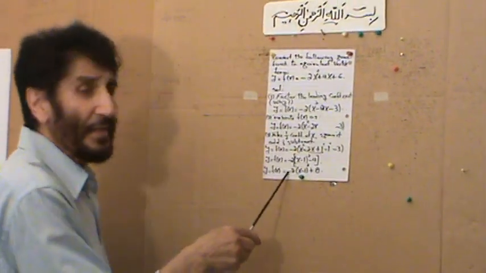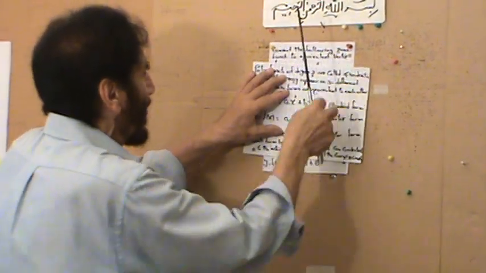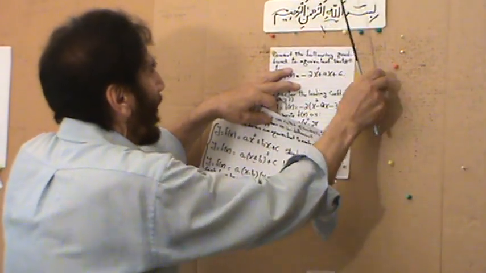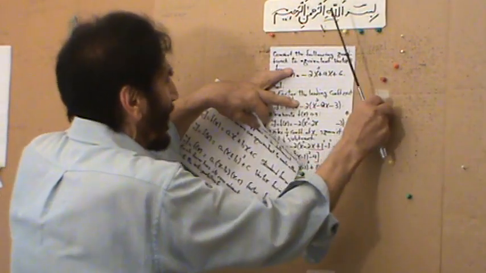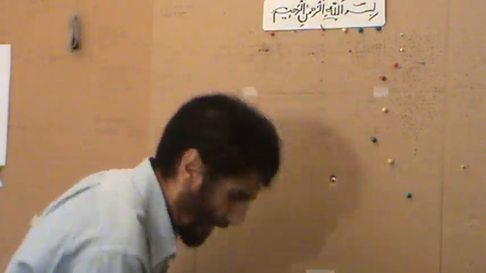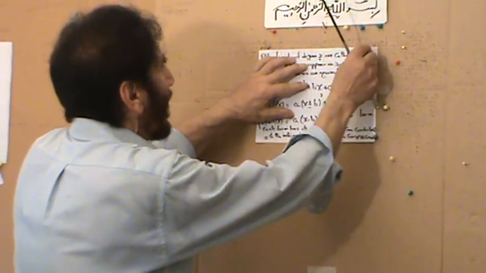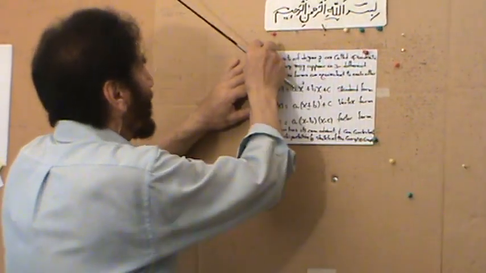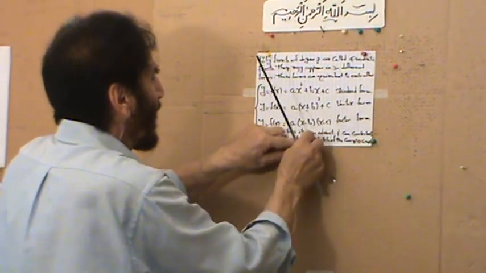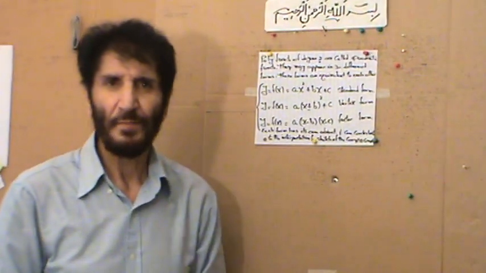Now, the benefit of that, let me do it in general rather than this particular example. Now, the benefit of the vertex form is a transformation of the graph.